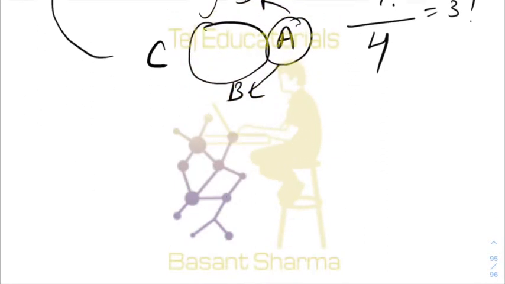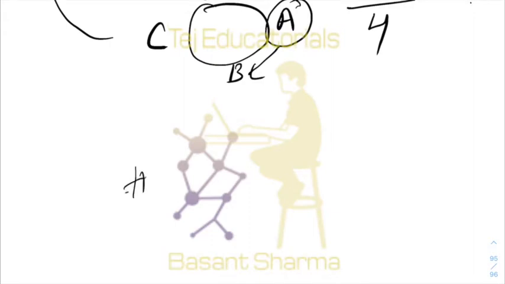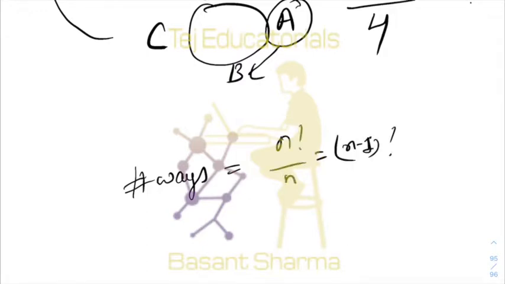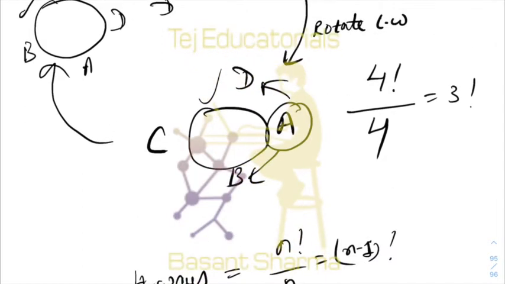If you generalize this, you will get the number of ways of arranging n objects around a table as n factorial upon n, which is (n minus 1) factorial. Now this result implicitly assumes that anti-clockwise and clockwise arrangements can be distinguished.